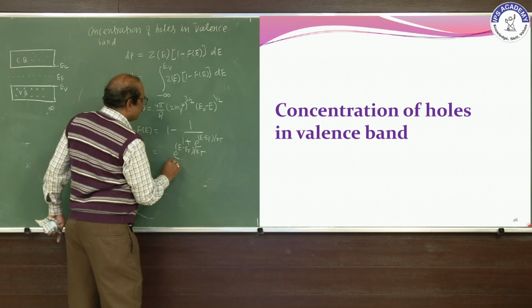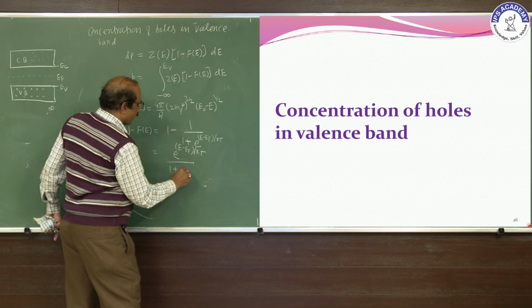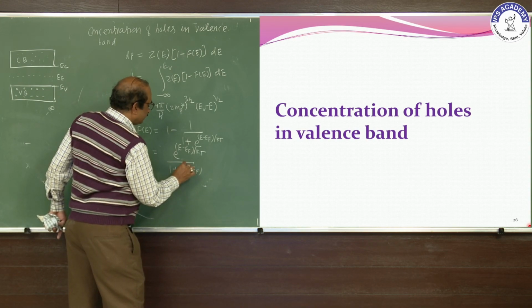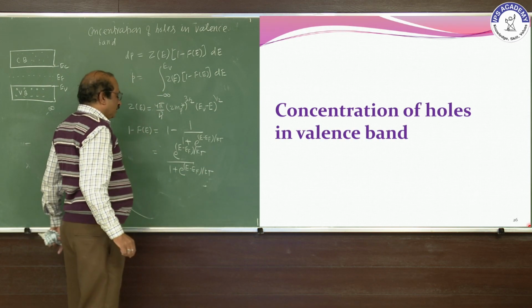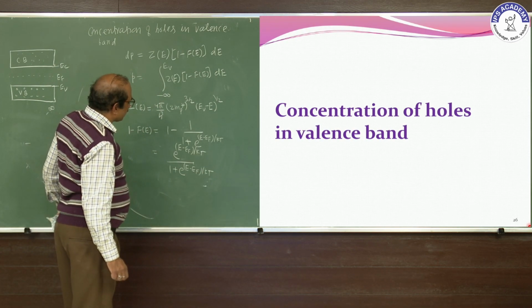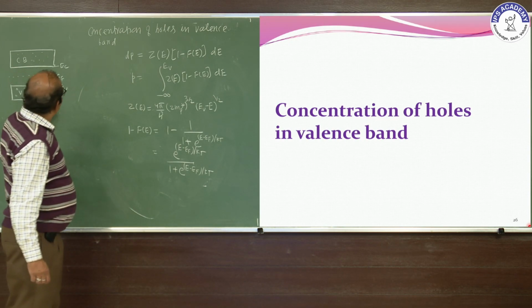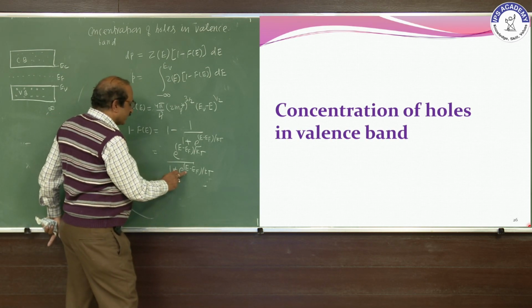Now again do some approximation, because the energy of all the electrons will be below EV, below EF, so this term will be negative infinity and the exponential tends to 0.